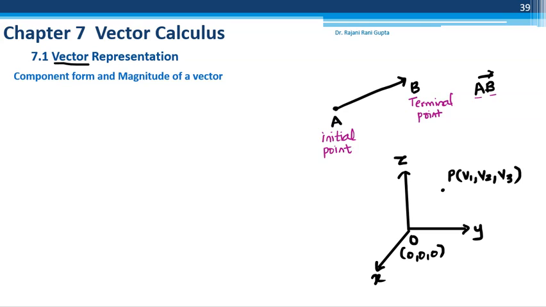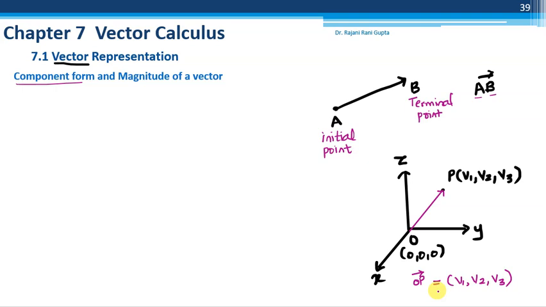Then the directed line segment from O to P, we call it the vector OP. Its components will be V1, V2, V3. The component form of any vector represents these values.